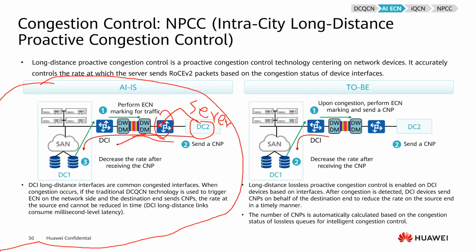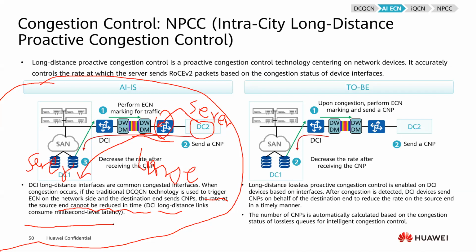The switch sends the CNP to the destination server. Because this is a long distance, the rate at the source can't be reduced in time. DCI long distance link consumes millisecond level latency.